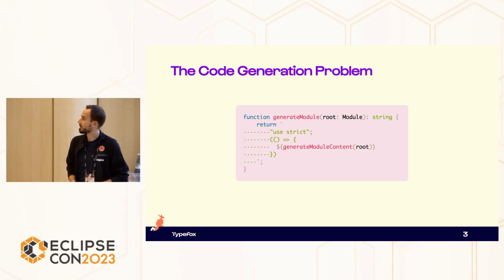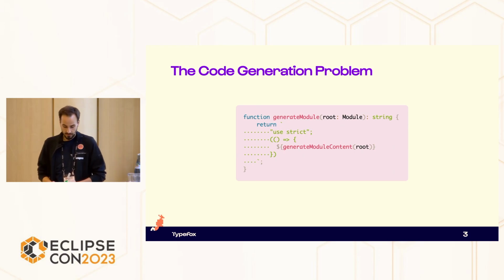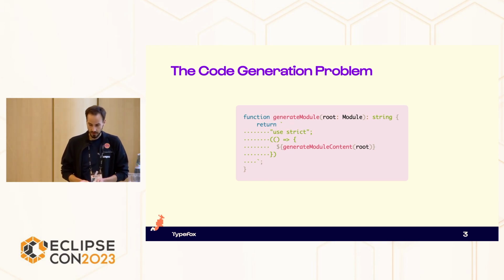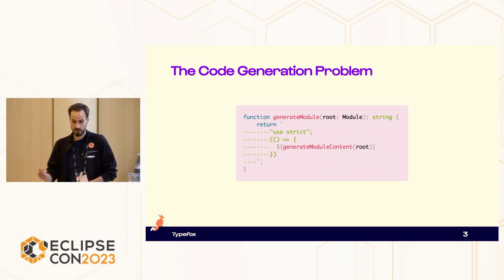In this particular example, this method is supposed to generate a piece of JavaScript code, starting with a directive for the execution runtime, followed by an anonymous function definition with some body, and the body is contributed by the function we have just seen on the previous slide.